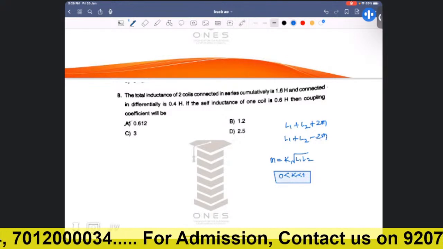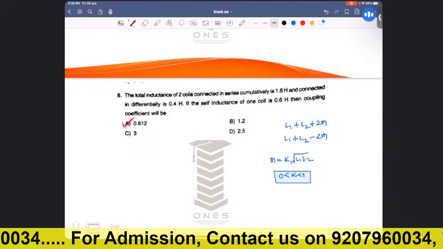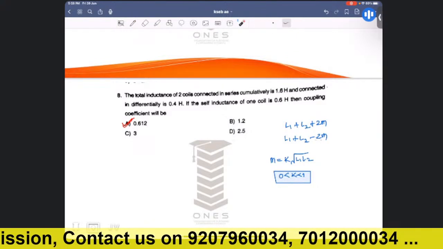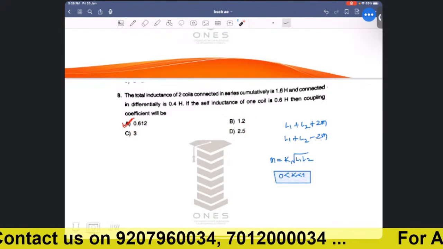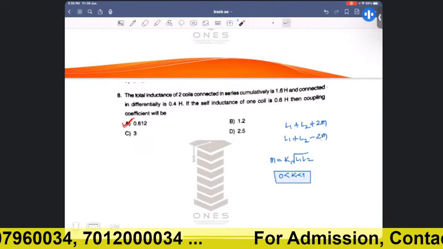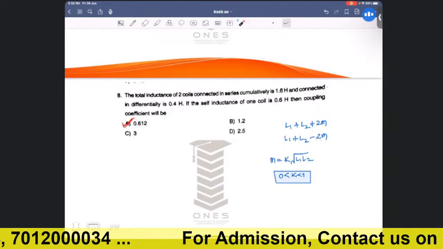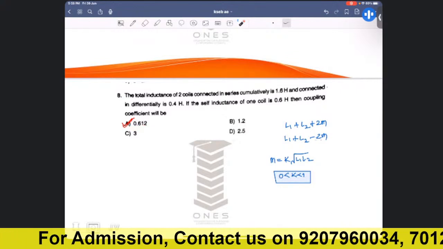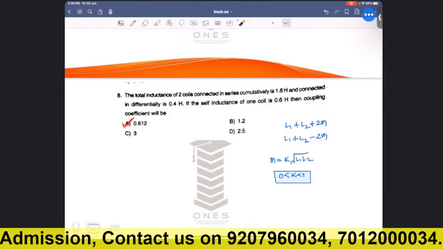Only one value here lies in that range, and that is option A, 0.612. All the other values are greater than 1, and a coupling coefficient greater than 1 is not possible. So the only possible correct answer is option A, 0.612. You don't have to solve this question.